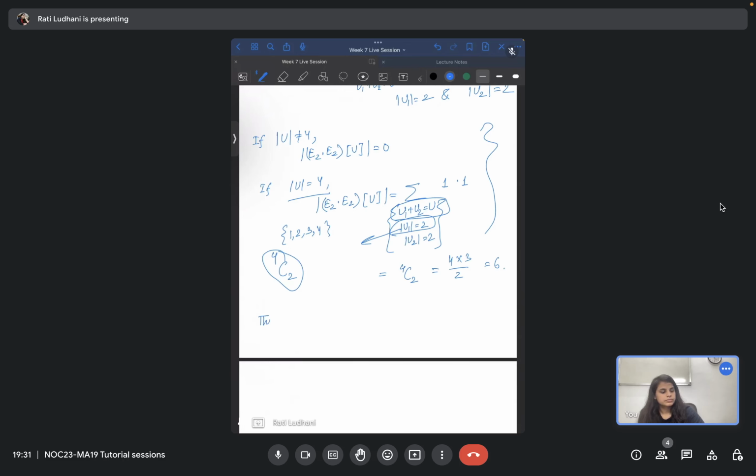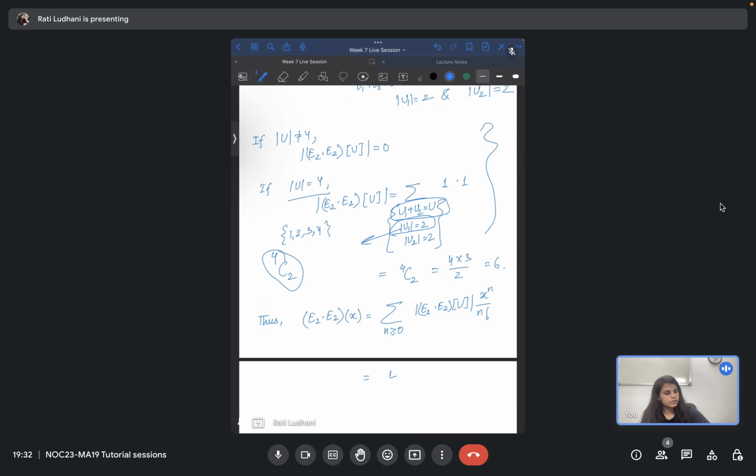So E2 dot E2 of x will be what? You know there are structures only on square bracket 4. So this sum will be what? I can write E2 dot E2 of U, x raised to power n by n factorial, n greater than or equal to 0. You will get only for n equals 4.